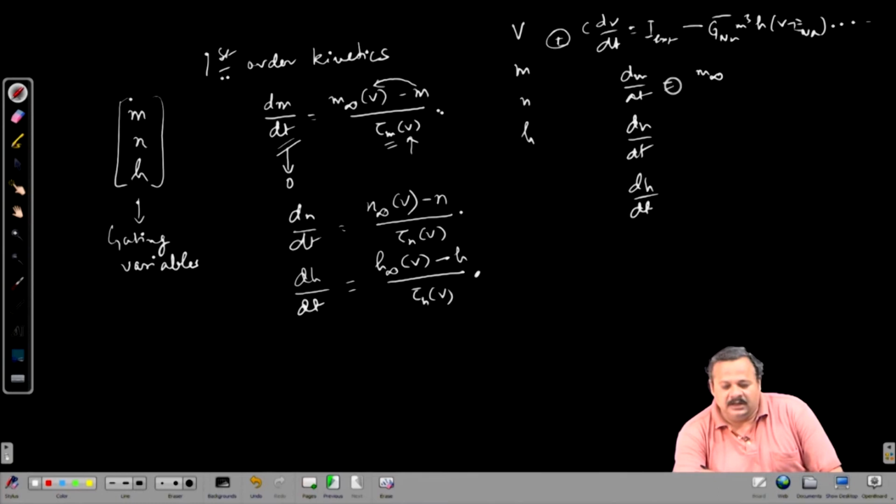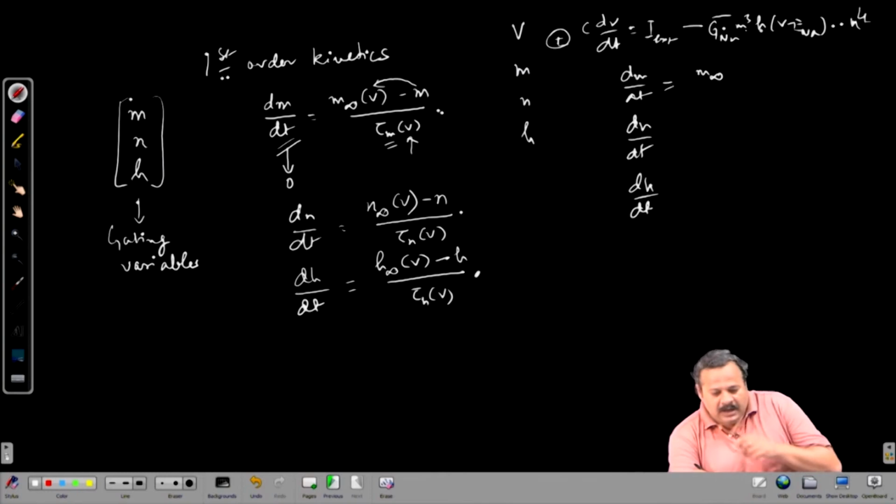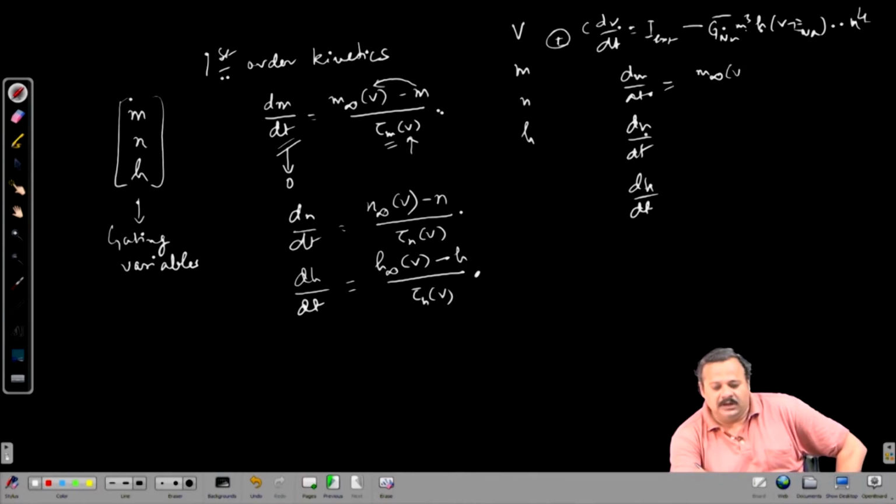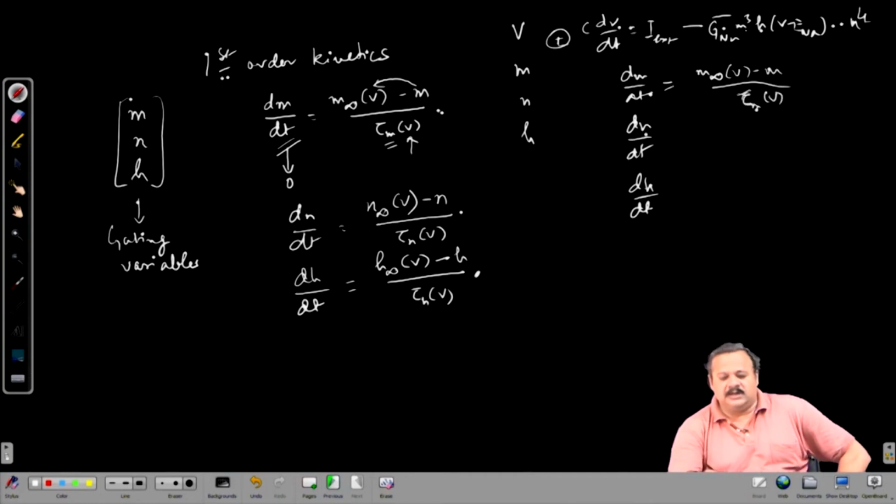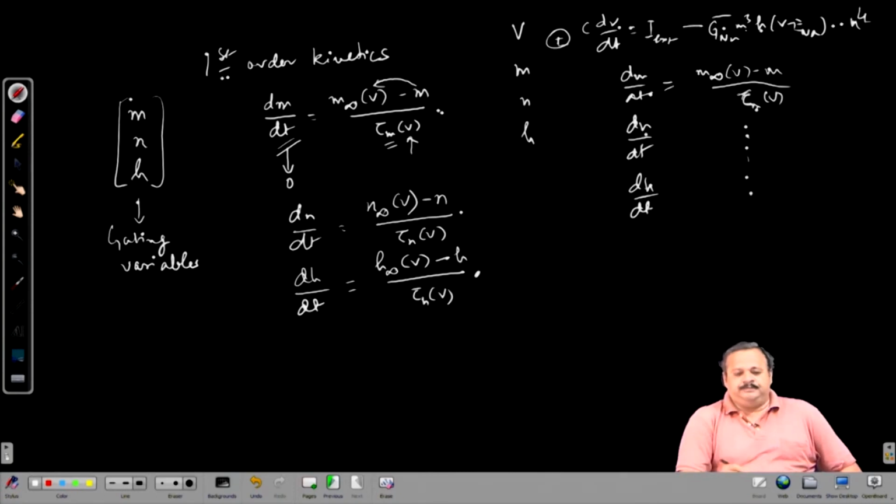So, m is connected to the first equation through this m cube, n is connected to the first equation with n to the power 4 here, h is connected to the first equation through this h, and each of these m, n and h are connected with voltage, because our m infinity V and tau m V and the other gating variables are all dependent on voltage, with similar equations.